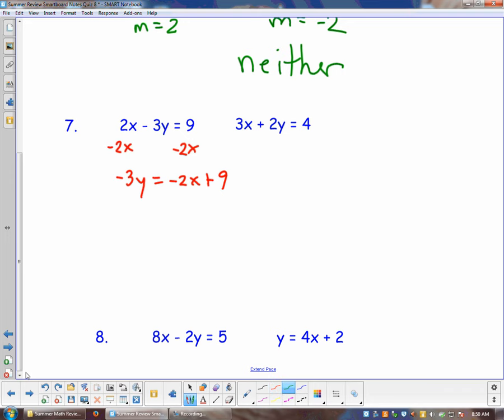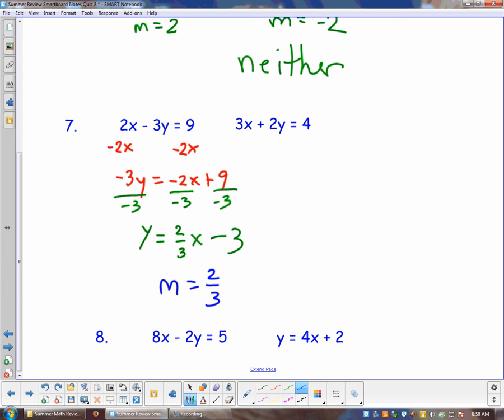At this point, I'm going to divide everything by negative 3. So I get y equals a negative divided by negative is a positive, so a positive 2/3 x, and 9 over negative 3 is going to be a minus 3. So there's my equation, and that means my slope would be 2/3.